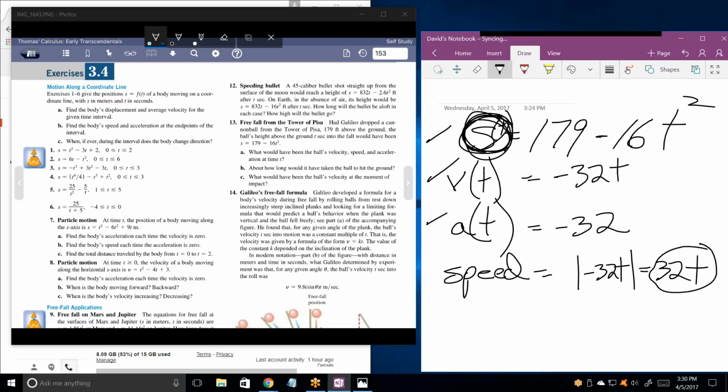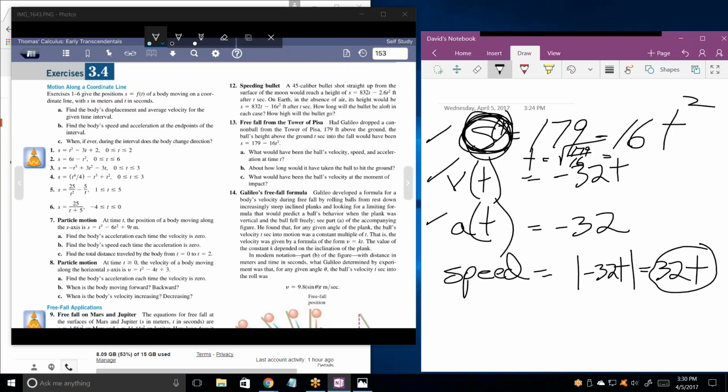Well, let's go back to the previous question and solve that. What did you get for t? t is the square root of 179 divided by 16. What is that number? I'm having problems with my calculator right now.